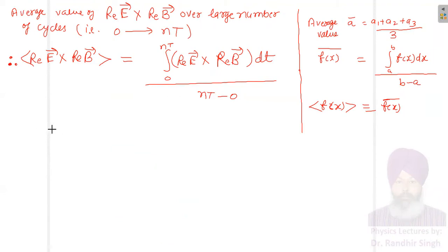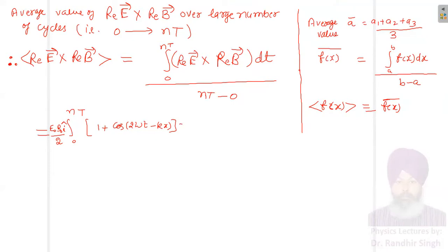This will be equal to integration from 0 to nT. It will be E0 B0 i cap upon 2, and it will be the integration of 1 plus cos of 2(omega t minus kx).